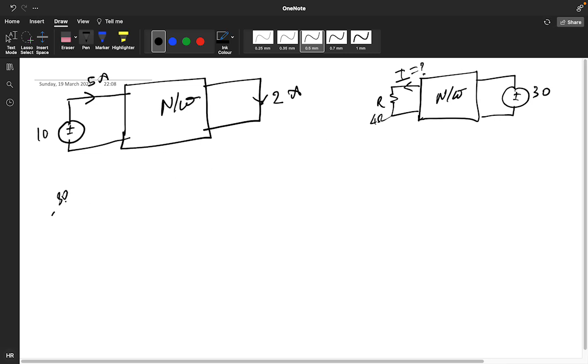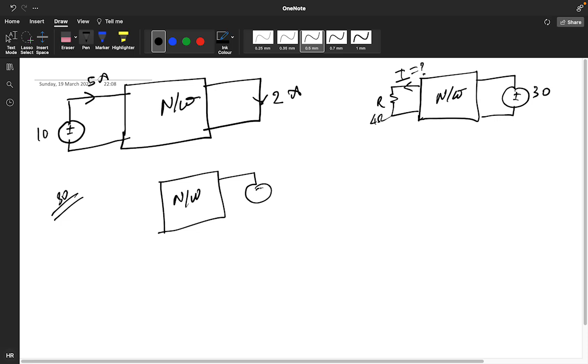So how can we solve this question? First you need to simply make the circuit like this. Multiply the first network by 3, so you get the network, you multiplied by 3 and made the circuit like this.